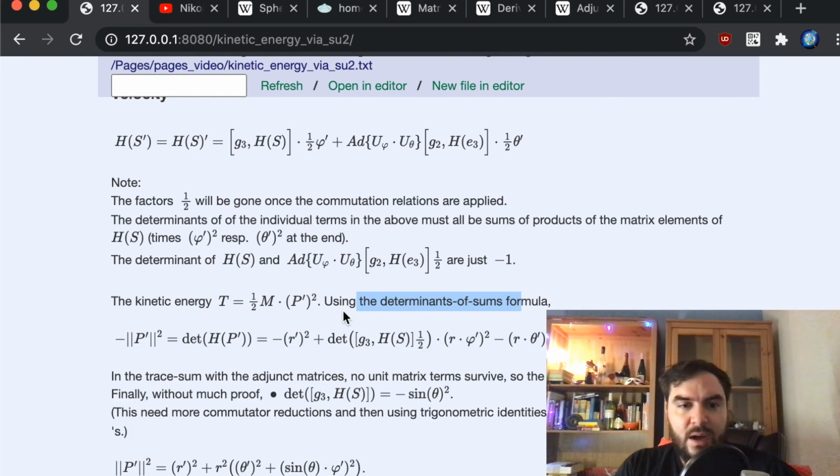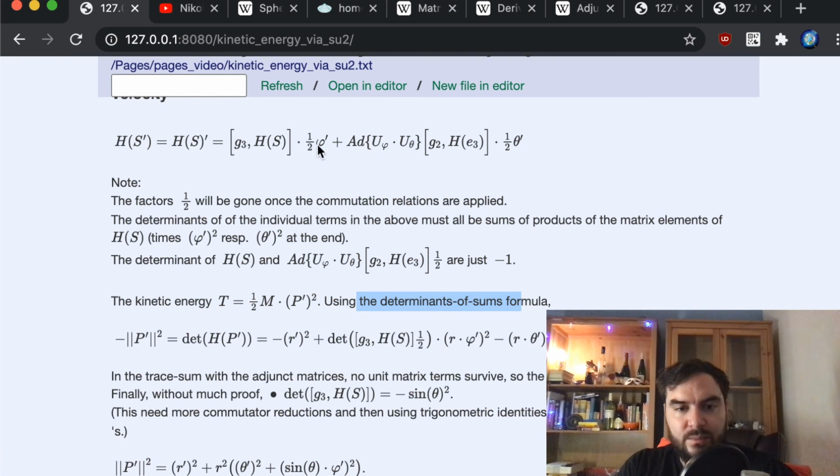So with anything I've just said, this formula reduces to this formula because P is just R times H of S, and so we have the derivative of that times this thing. You take the determinant of this, it's plus or minus 1, so you have this term. This term is the one I've left untouched.